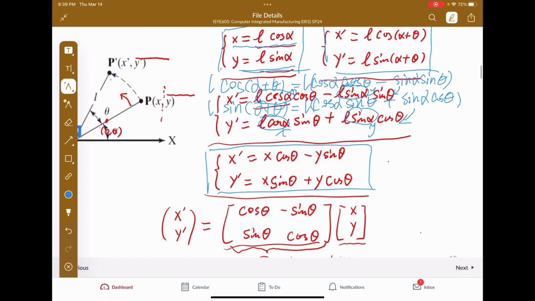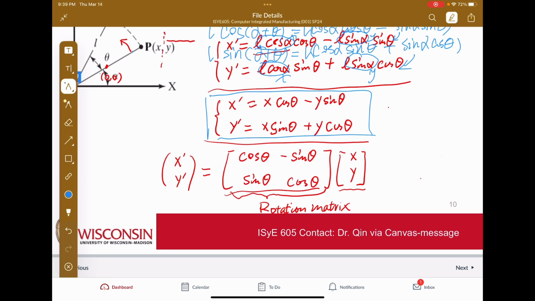In these equations, we just change the format, writing it using the matrix format. The left side will be x prime and y prime like this, and the right side will be this red part.